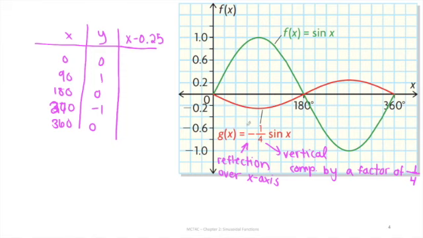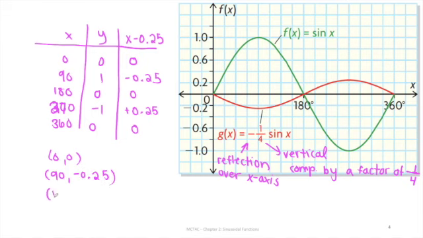It's up to you. Okay, so this one's going to become negative 0.25. This one's going to become positive 0.25 because you have that negative there, and then 0. Okay, so then your new pairs become 0, 0, 90, negative 0.25, 180, 0, 270, positive 0.25, and then that 360, 0.